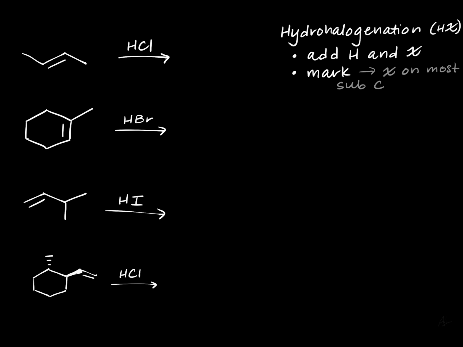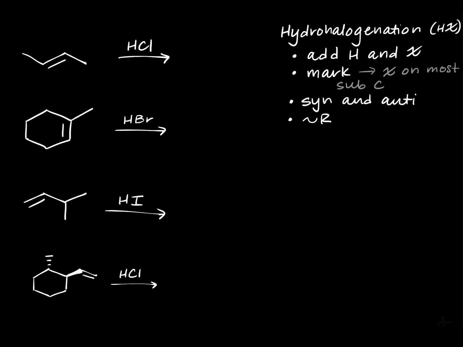We're going to choose the tertiary carbon of our double bond because that is the most substituted carbon. We'll place the halogen there, and consequently we'll place the hydrogen on the least substituted. This reaction will do syn and anti addition, and indeed there is carbocation rearrangement.